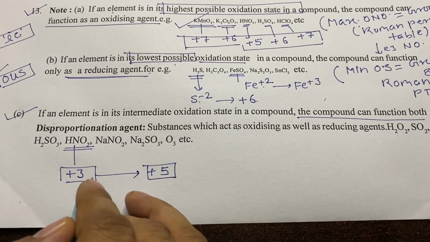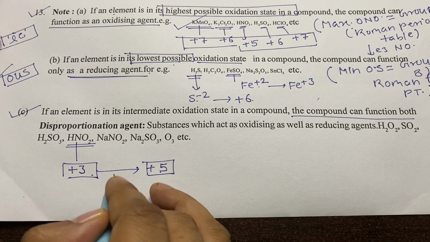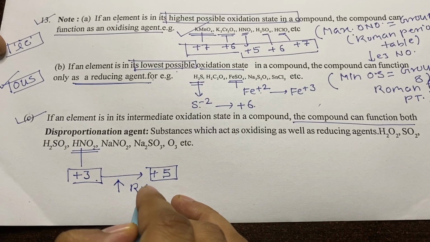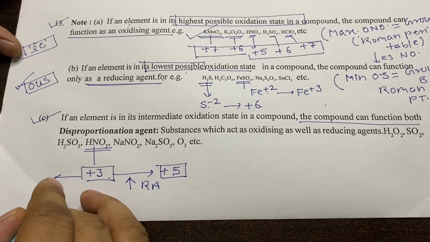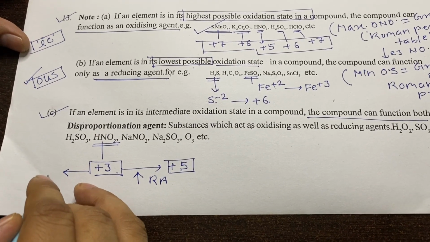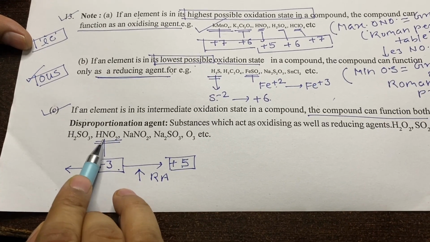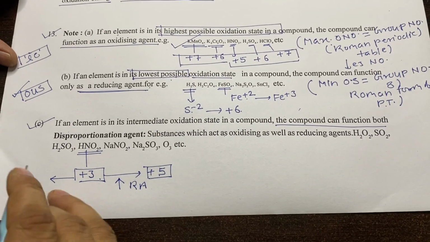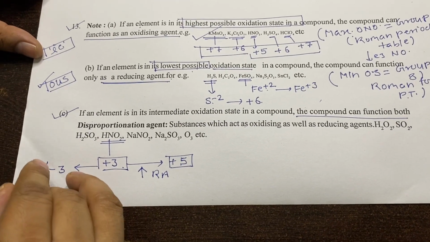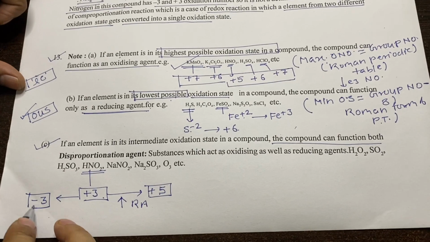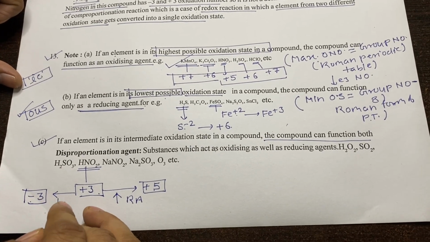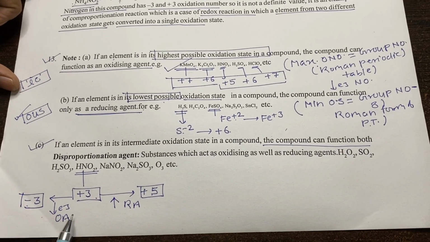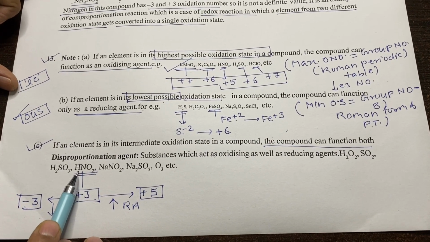So it may increase from +3 to +5, so this will act as a reducing agent. On the other hand, the minimum oxidation state of nitrogen, because nitrogen belongs to group 5 according to the Roman form of periodic table, is 5 - 8, which is -3. So it can move from +3 to -3, so it can show the decrease in oxidation number, so it will act as an oxidizing agent here. So definitely it will act as a disproportionating agent.